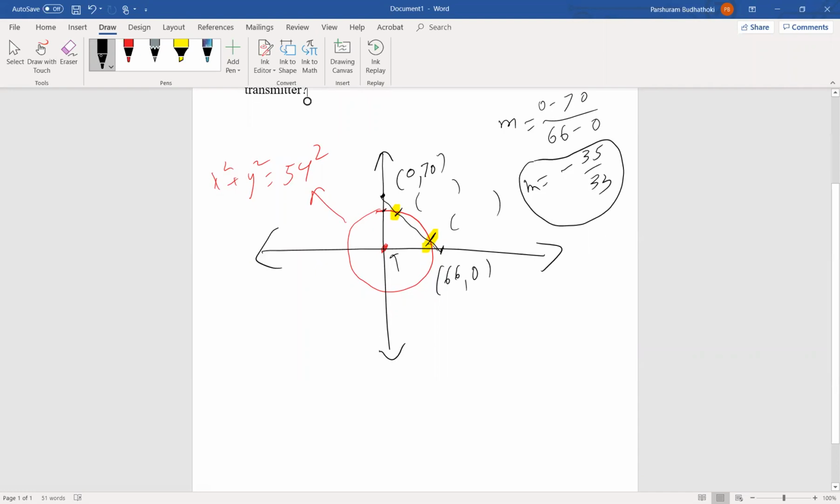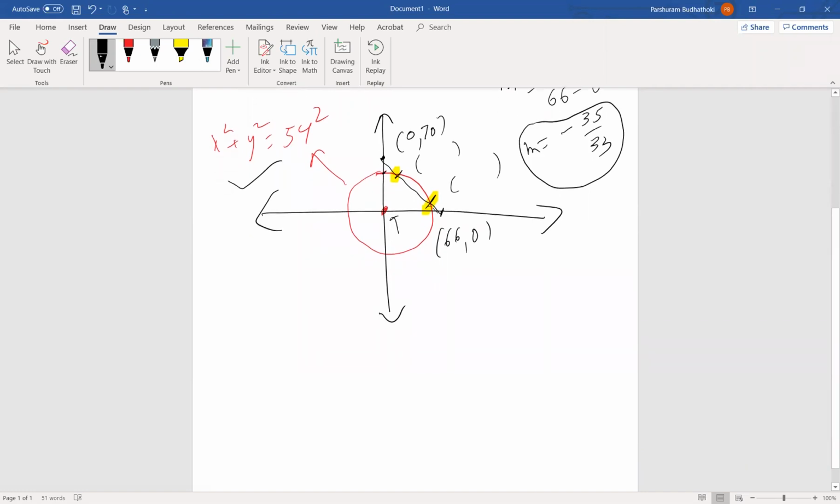The reason we're finding the slope of this line is because we want to find the equation of this line, and to find the equation, we need the slope. After finding the equation, we can find the two points of intersection between this circle and that line. So here I'm going to show you how to find the equation. The equation of a line can be found by using this formula: y minus y1 equals slope times (x minus x1).